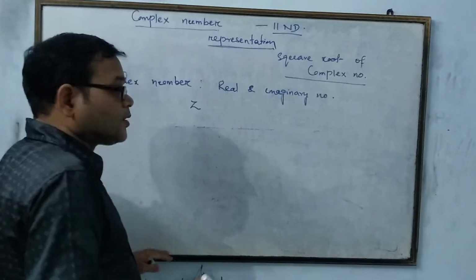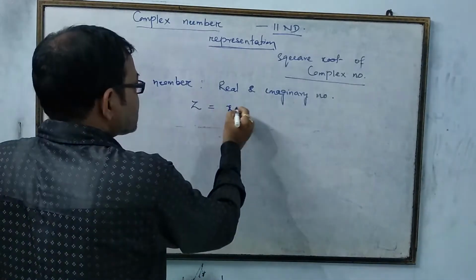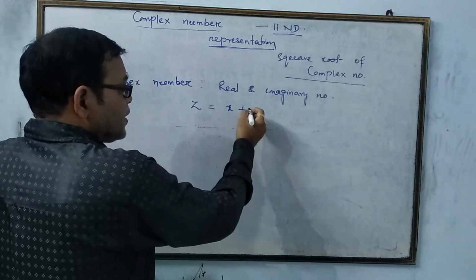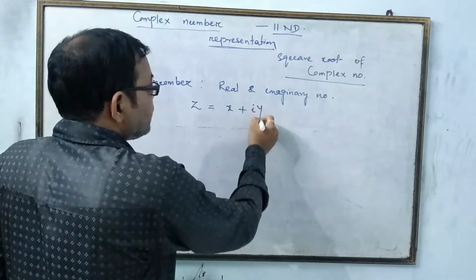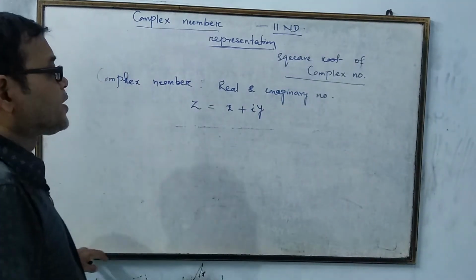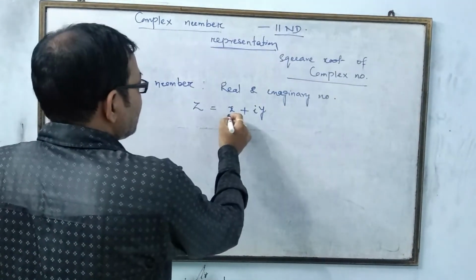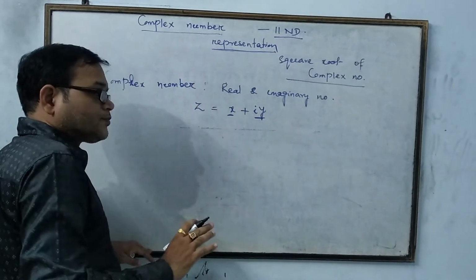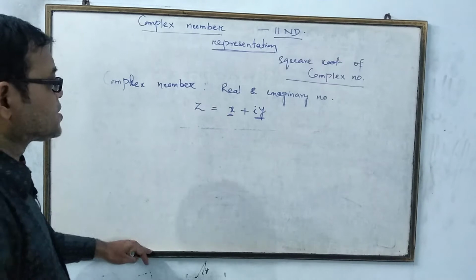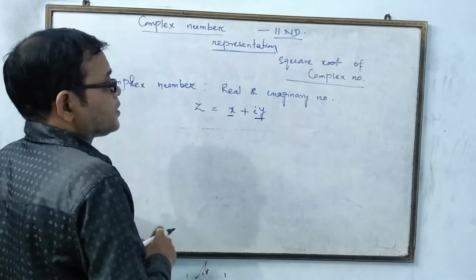I can write it as x, which is the real part, and the imaginary part is i into y. Real and imaginary both combined together give the complex number z. z is equal to x plus iy.